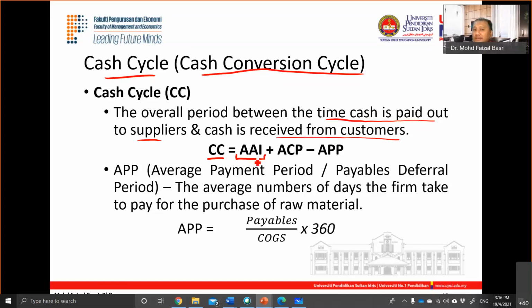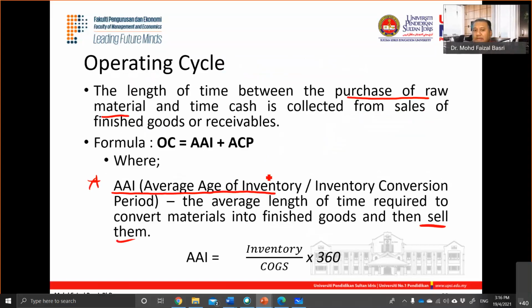So how to find the AAI? Bear with me, I'm going to go back to AAI. We have this formula to find AAI. It is based on the inventory value.